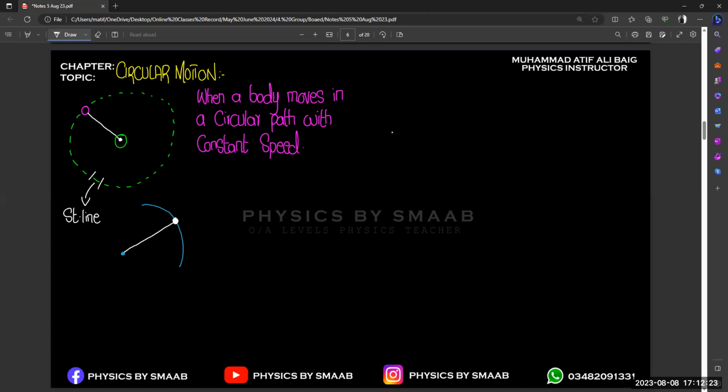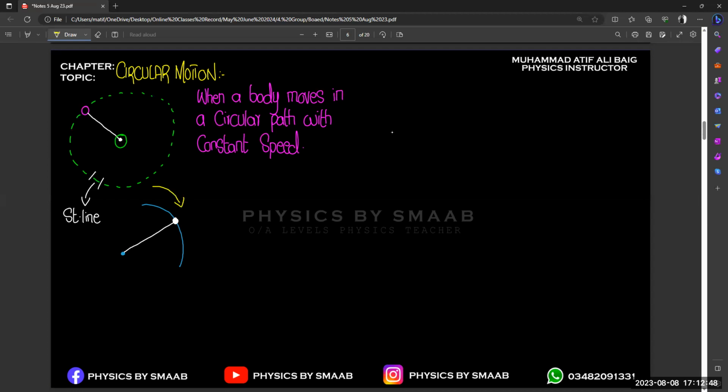It means that at each and every point of the circle, the direction of the body changes as compared to the previous direction, right? Let's suppose we want to find the direction at this specific point, and the body is moving in a downward direction and the rotation is clockwise.